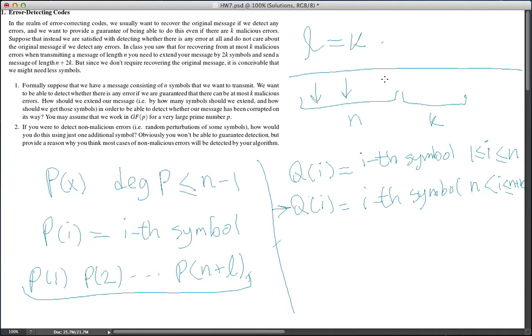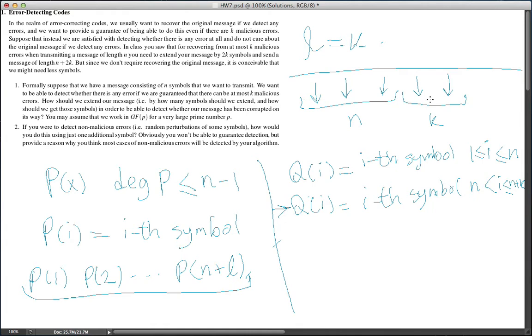Let's say those places are the places I'm referring to by these arrows. Okay. Now, there is a unique polynomial of degree at most n minus 1 that passes through these uncorrupted points, right? Because there are at least n of them.